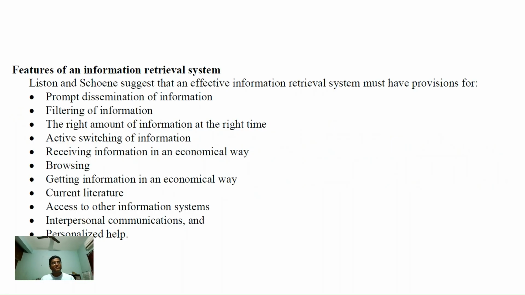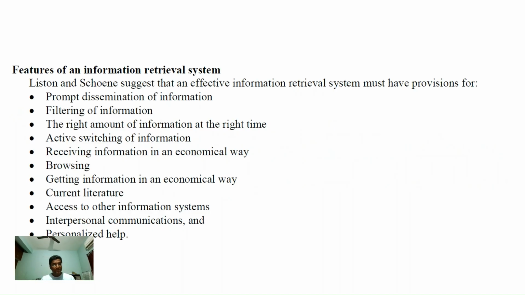Coming to the features of an information retrieval system, what all provisions it has. It provides prompt dissemination of information, and filtering of information, the right amount of information, active switching of information, and receiving information in an economical way, browsing.